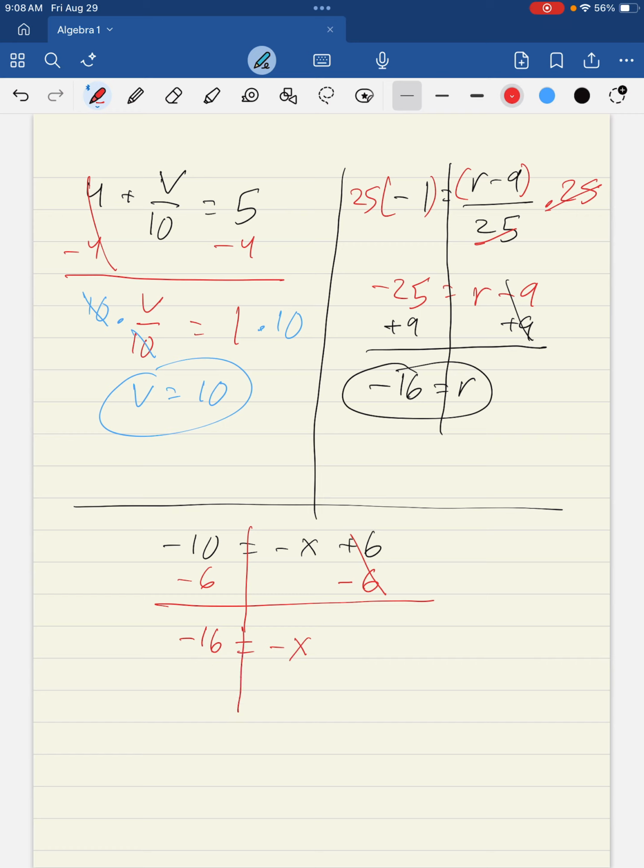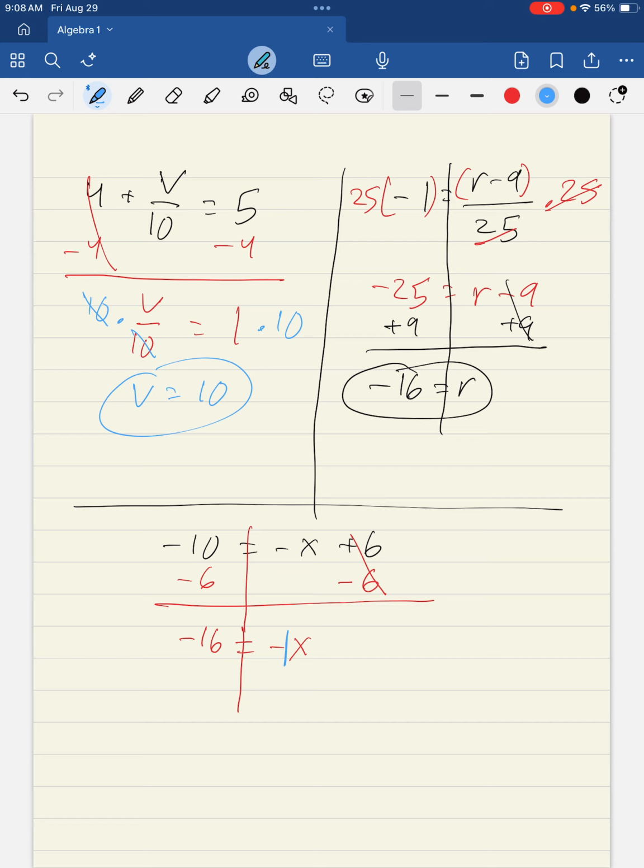This is the sneaky part, okay? What we have to understand is a negative before x is really a negative 1 before x. Remember, I mentioned that earlier. When you have a variable by itself, you have to understand there's like an invisible 1 there, okay? So, kind of like if you had an apple by itself, you'd tell people, hey, I have an apple.